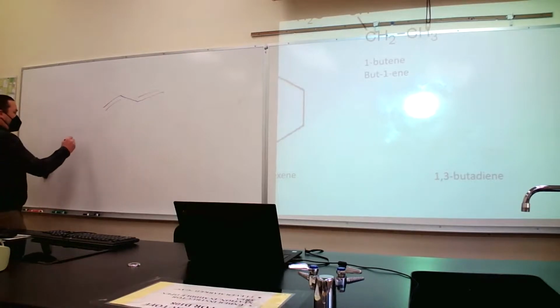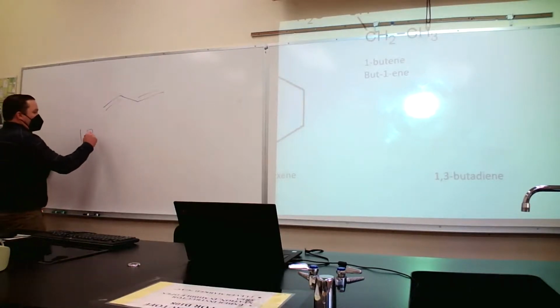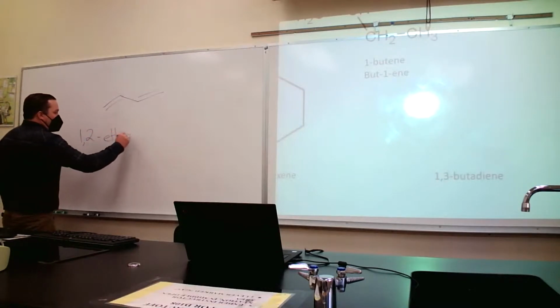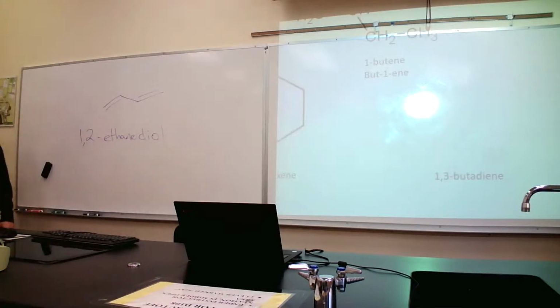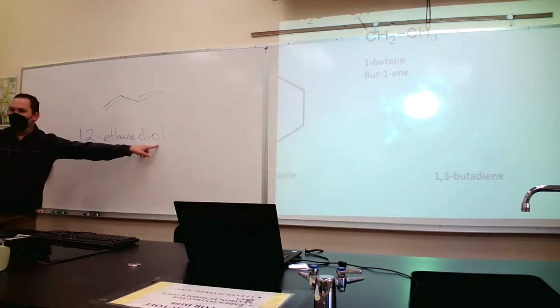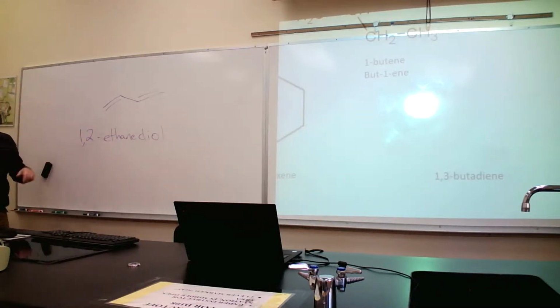So for instance, if I said 1,2-ethane-diol, we haven't learned naming alcohols yet, but I just told you, as an example, that -ol means alcohol, right? So what do you suppose a diol is? 2 alcohols. In fact, 1,2-ethane-diol means we've got ethane, OH, OH. That one's better known as ethylene glycol, which is antifreeze.